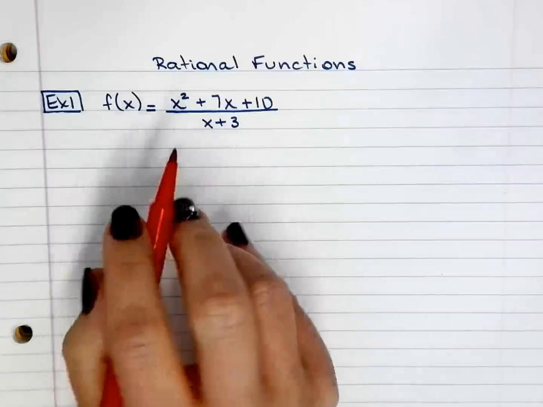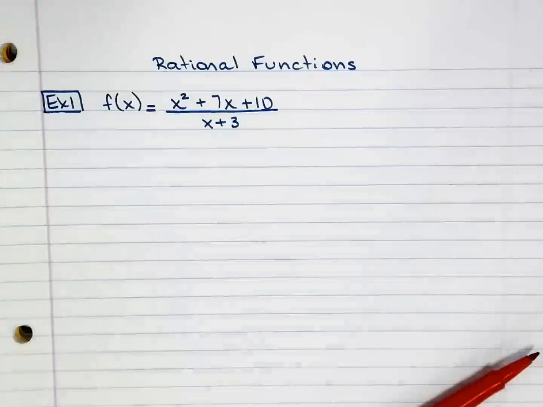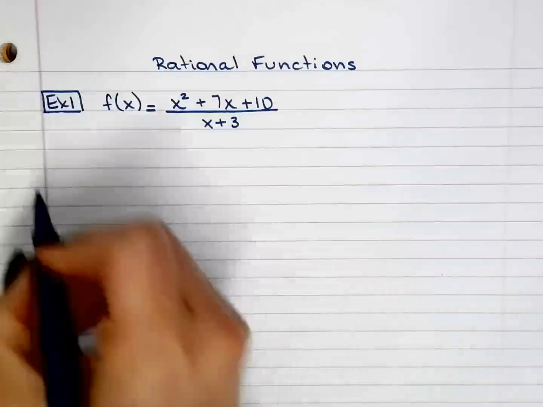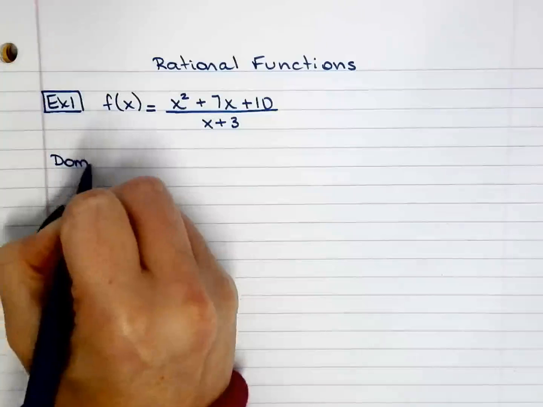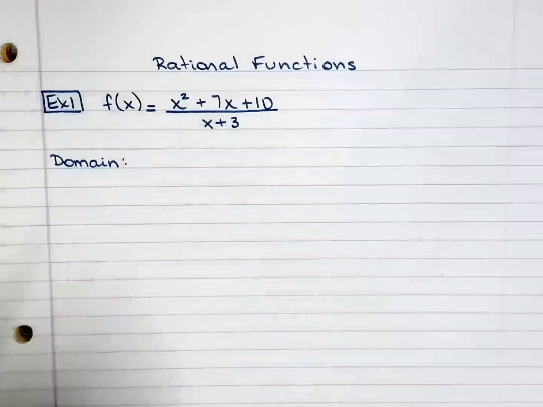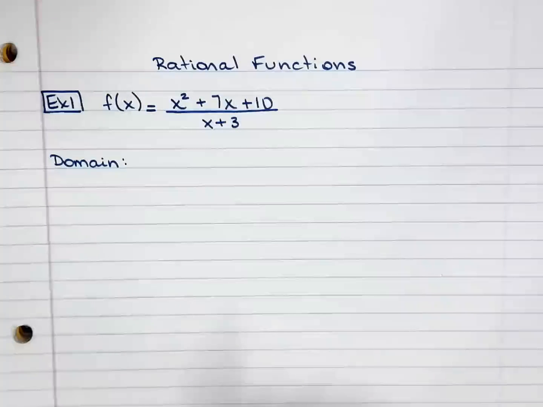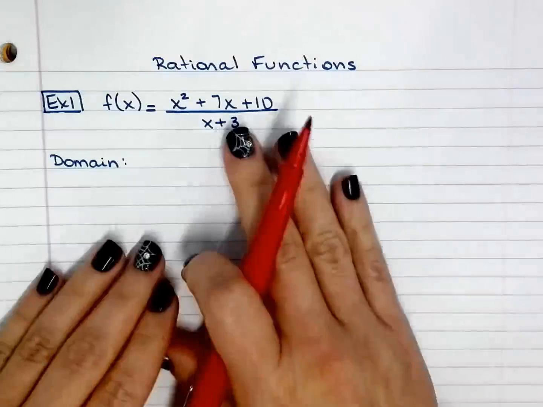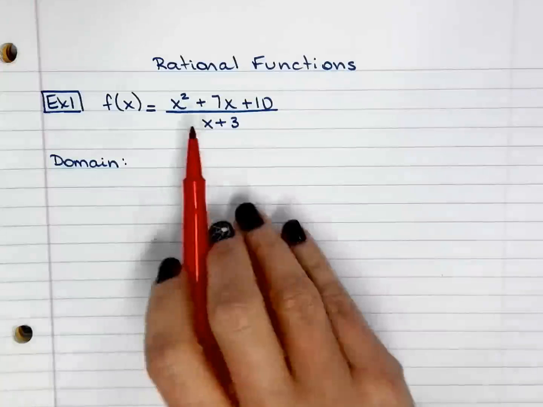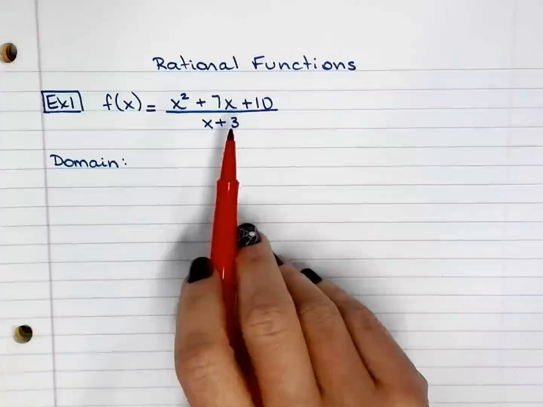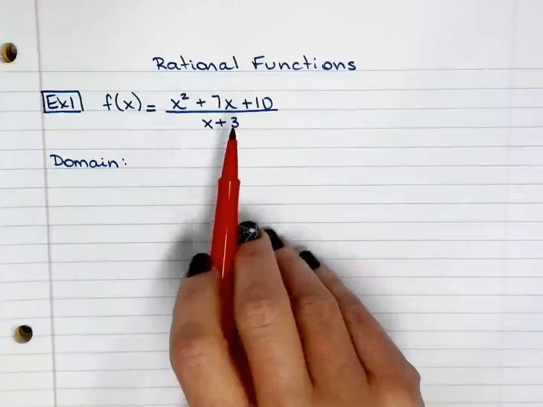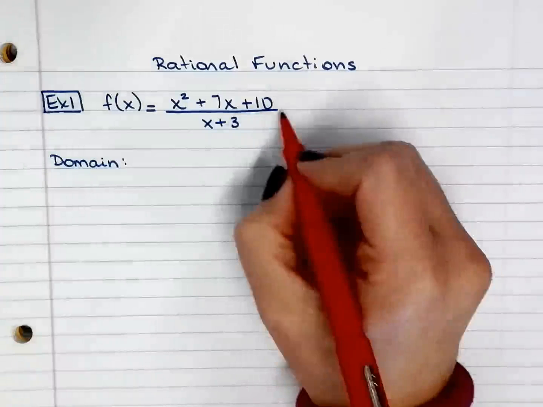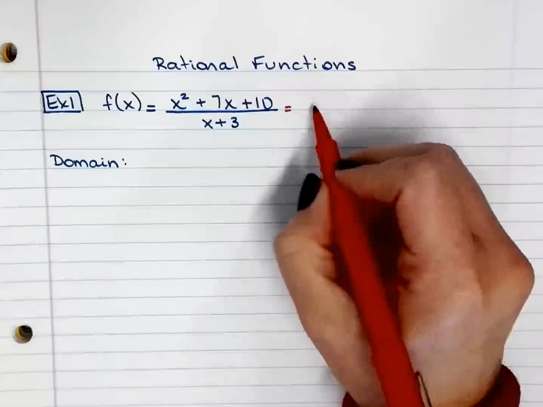If I need to find the domain, that's one thing we're going to start out with. Let's find the domain for this function. Remember, the domain is all the x values that this function will provide to you. When I look at the numerator, I immediately think I need to factor it. So over here off to the side, I'll go ahead and factor.